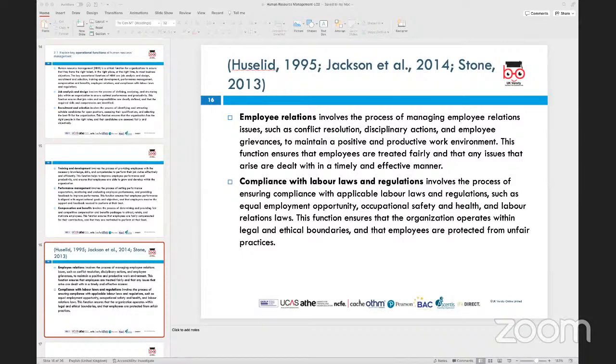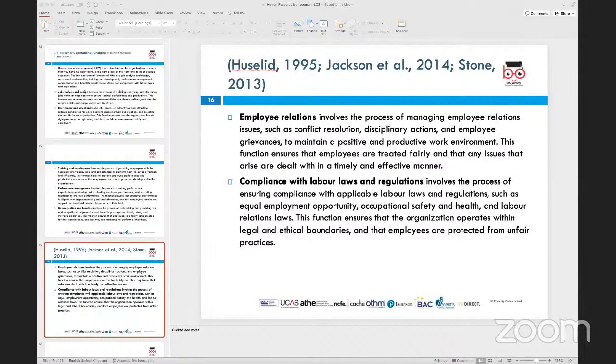This is the main part of what they classified as the operational nature of the day-to-day functions which an HR manager does within the organization.